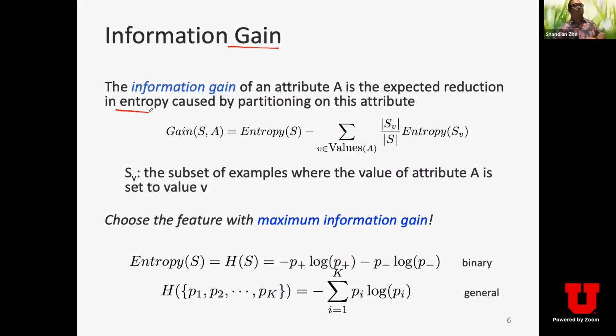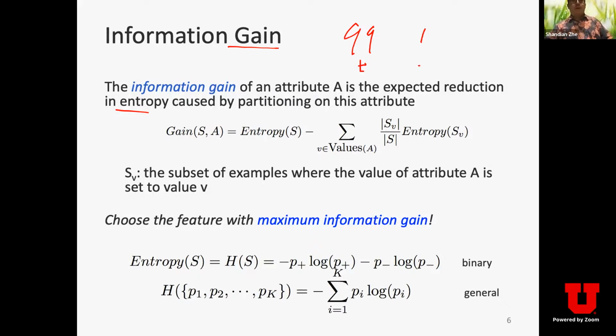On the other hand, low uncertainty means small entropy, and that indicates a high label purity. For example, if I've got 100 examples, and 99 are positive, and only one example is negative.